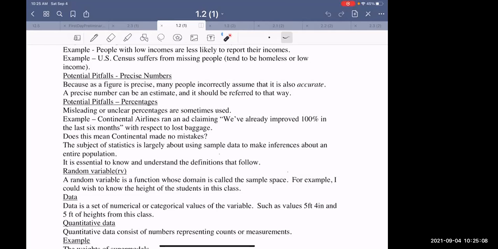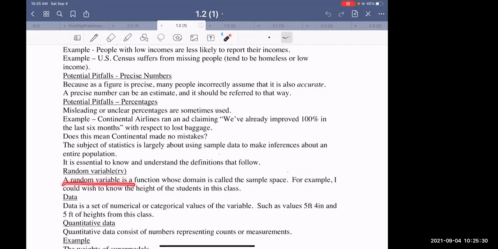So, yet another attempt to define random variable. We will have yet a third attempt later, I think in chapter 4, that will give a much better definition of random variable.